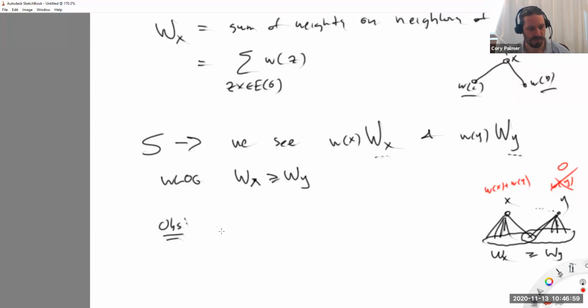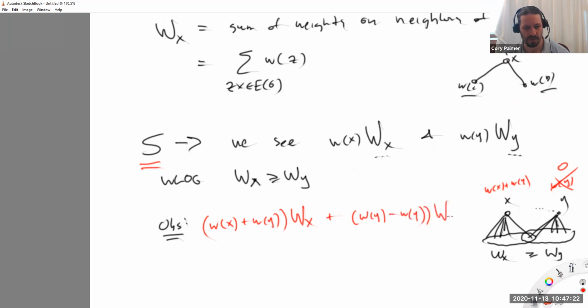But notice, what does this do to the new S? Well, now, Wx plus Wy, that's the new weight on vertex x. That's times big Wx. Plus, what's the new weight on y? Well, I'm going to write it out here to illustrate, but it's Wy minus Wy, right, 0, times big Wy.